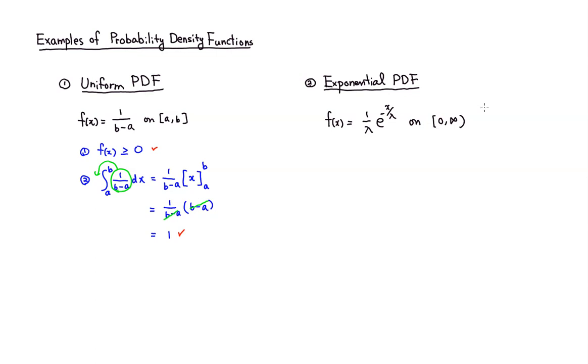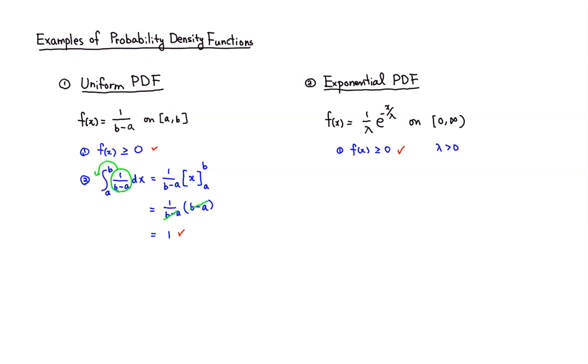You can see that if lambda is positive, the whole function is going to be non-negative. So the first condition is easily satisfied. I should say positive, because we can't have 0 on the bottom.